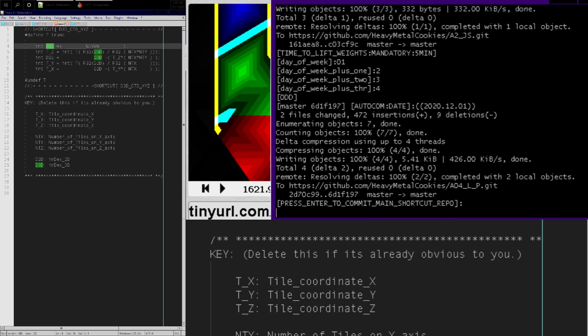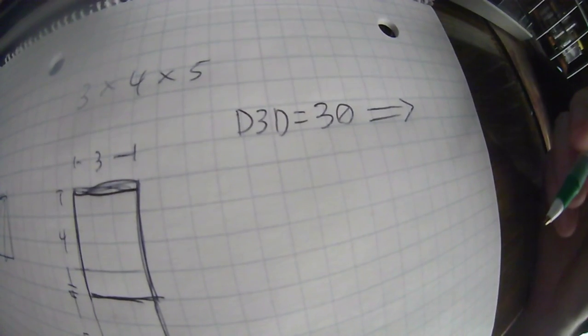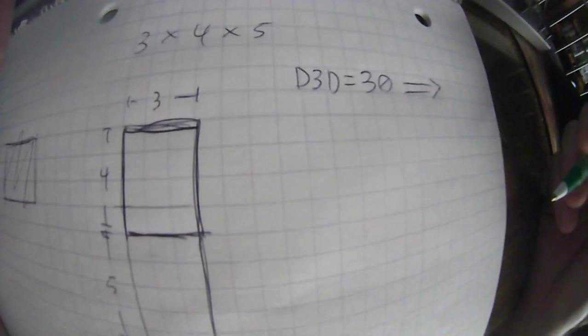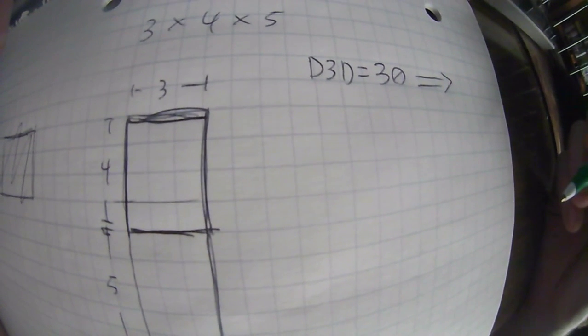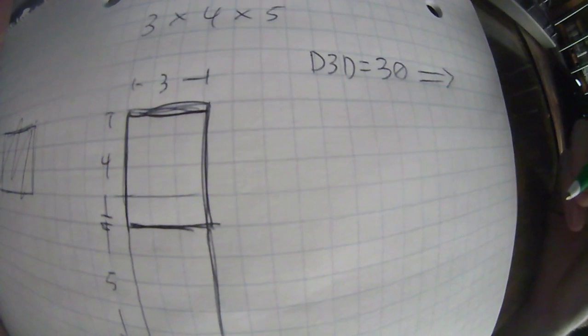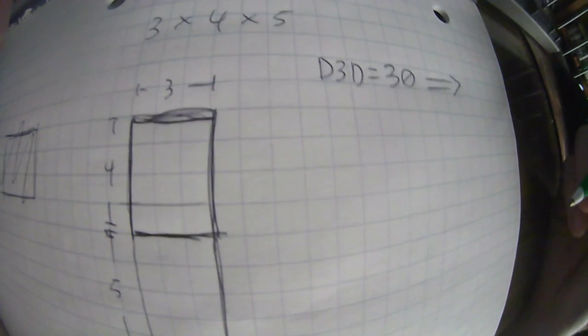If the d3d is equal to 30, what xyz does that yield? Let's actually work it out by hand, and then figure out if we have it correct.